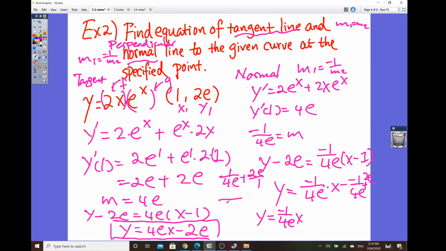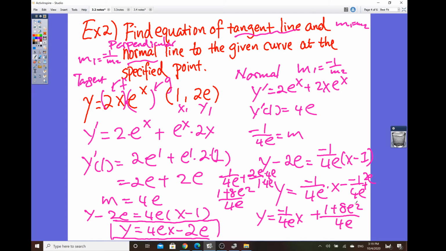Common denominator, that's 4e. So this one can be written as 1 plus, multiply this one by 4e top and bottom, so it's 8e squared. So this can be written as plus 1 plus 8e squared over 4e.